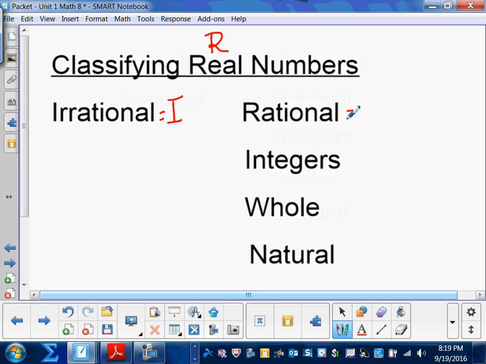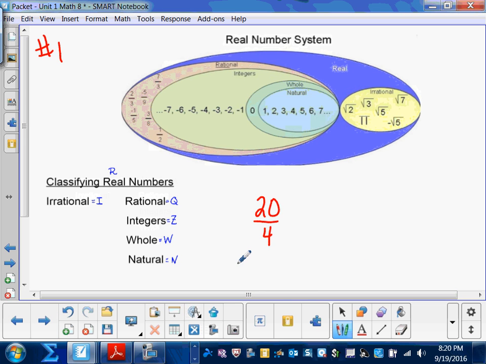So we're going to use the letter Q. Integers, well, we've already used I for irrational, so we're going to use the letter Z. For whole, we're going to use W. And for natural, we're going to use N. So this is just a shorter way instead of writing out the words. So we're going to work a few examples together.